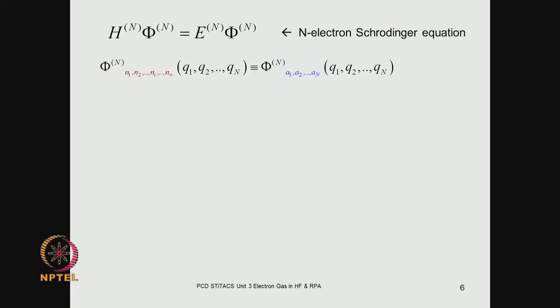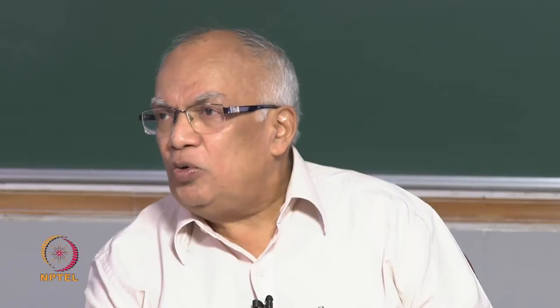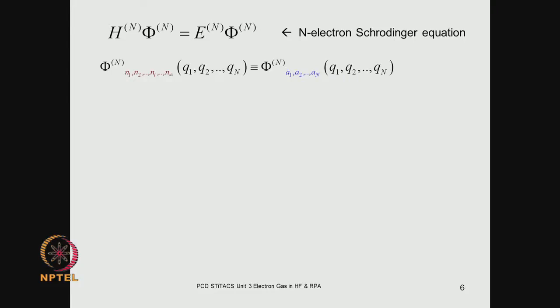So, the occupation numbers for all the infinite set of 1 electron eigenstates n1 through infinity, each can be either 1 or 0. The sum of all the 1s will add up to the total number of electrons in the system, and the ones which are occupied are those labeled by the quantum states A1, A2 up to An. These are the n single particle quantum states which are occupied with occupation number 1, the occupation number of everything else being 0.